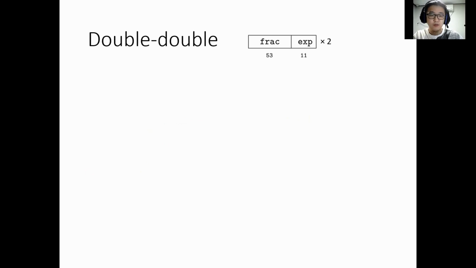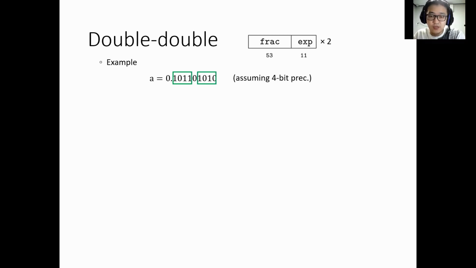Okay, multi-double is nothing but multiple doubles. So before explaining that, we would like to explain double-double instead. Double-double is nothing but using two doubles as an unevaluated sum. For example, if we are given this number, then we can take this number into two parts.